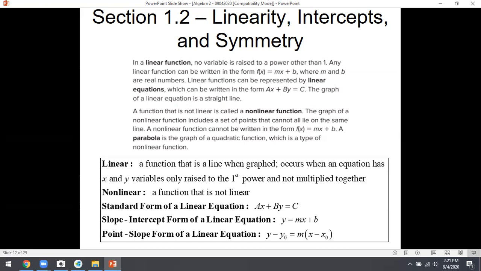Or if you're just staring at an equation and you're too lazy to go graph it, if every variable in the equation, the x's and y's, is only raised to the first power, and you don't usually write x to the first, you just write x, right? You don't write y to the first, you just write y. So if you just see x and y, no x squareds, no y cubes, no x to the pi power, then you know it's also going to be linear.